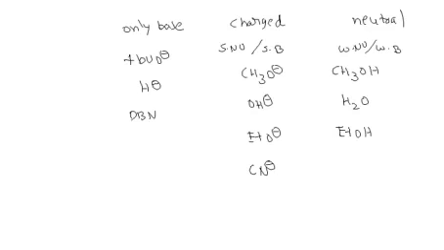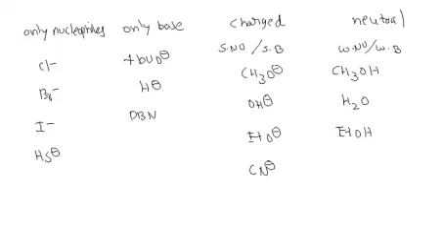And next, which act only as nucleophiles? Okay, so here we can write chloride, bromide, iodide. All these only act as nucleophiles. These don't act as bases, so these cannot grab hydrogen.